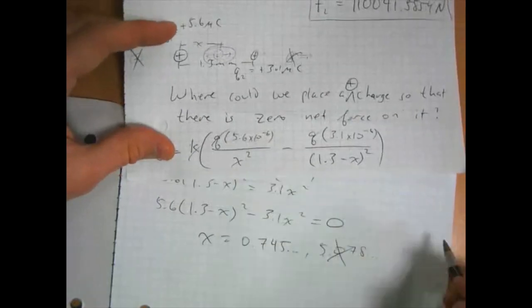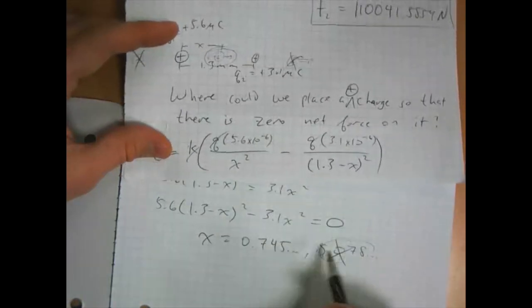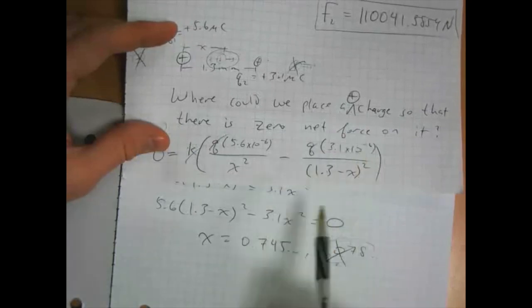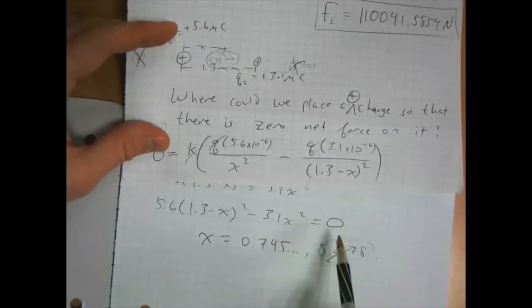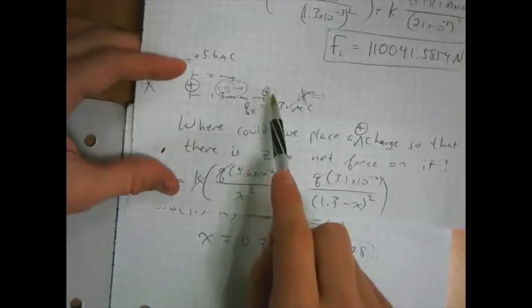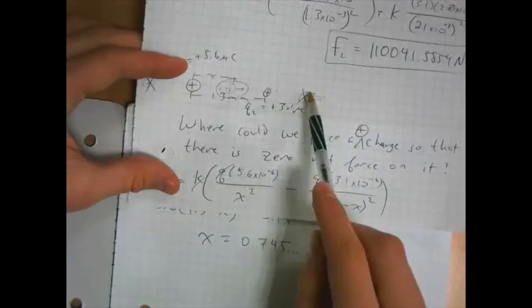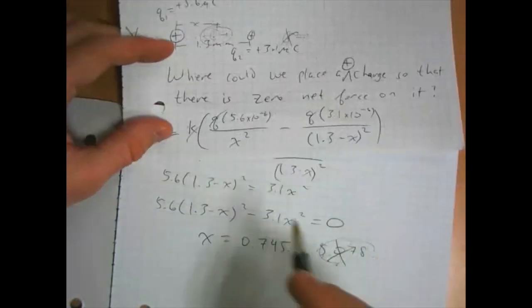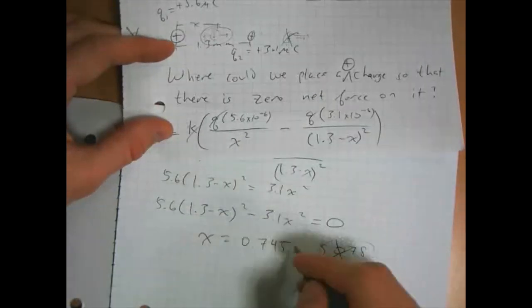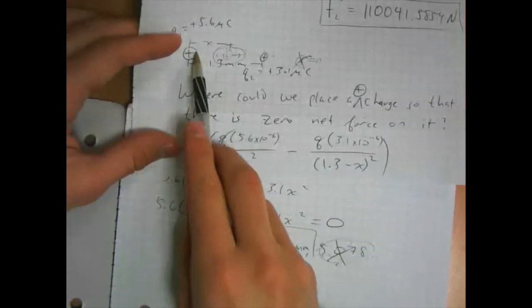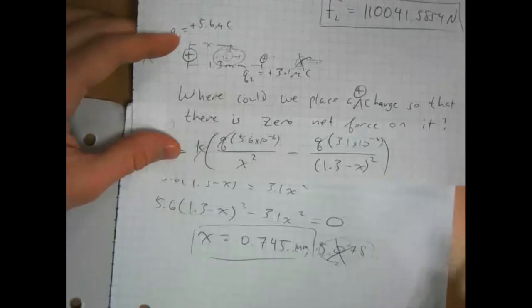Actually, it turns out this is a solution for where you could put a charge to get 0 net force if this was actually a negative charge, because then these signs would be valid for a position out here. So this 0.745 millimeters is the value of X. That's the position where we could place the charge to have 0 net force.